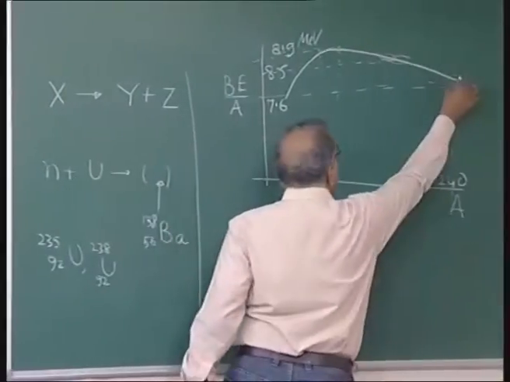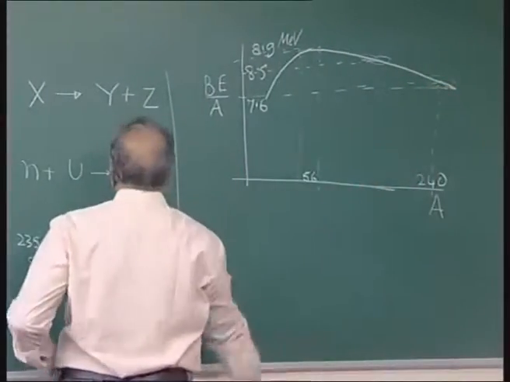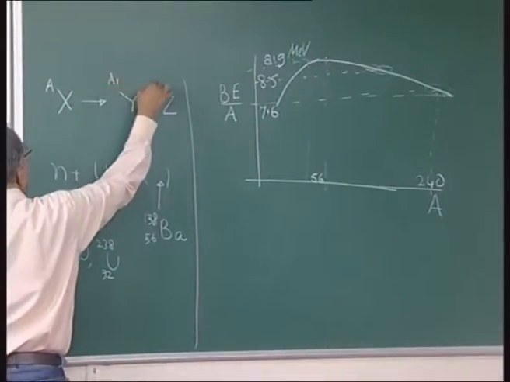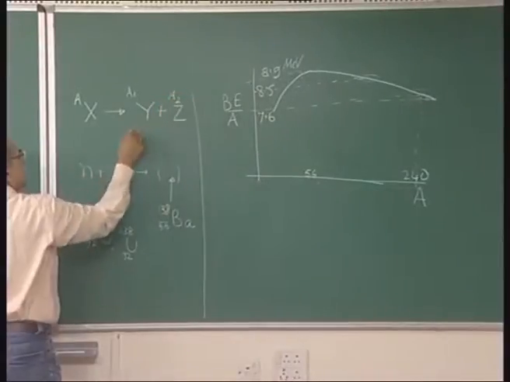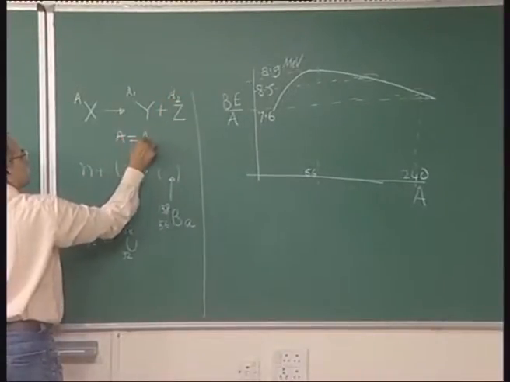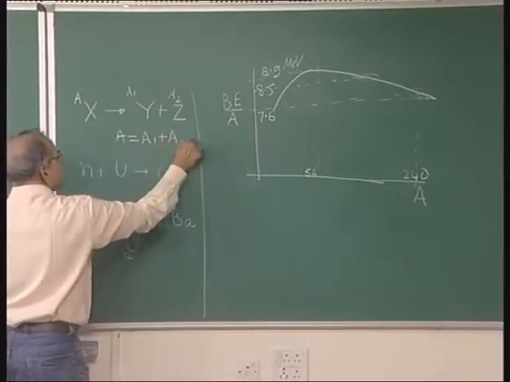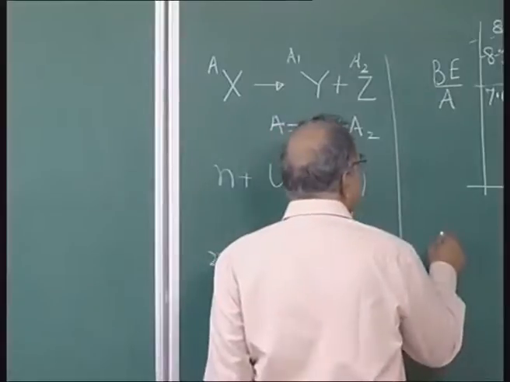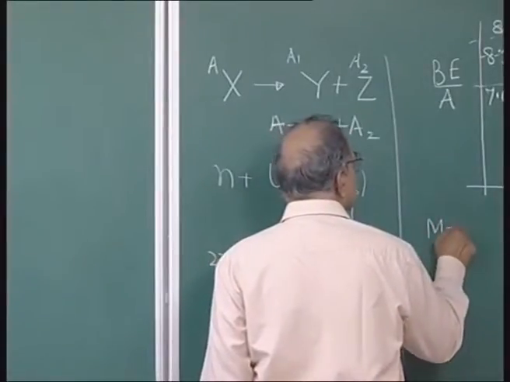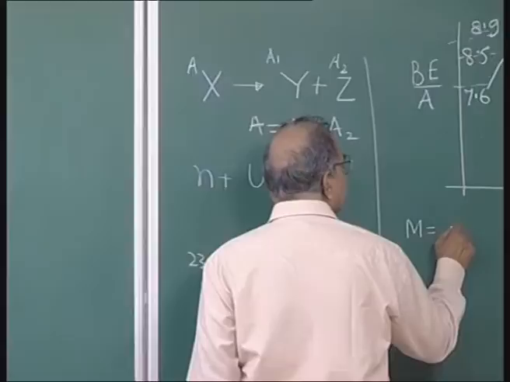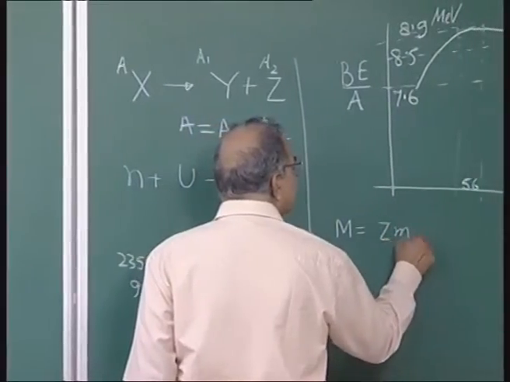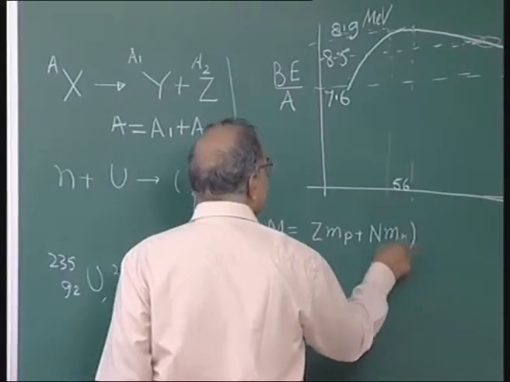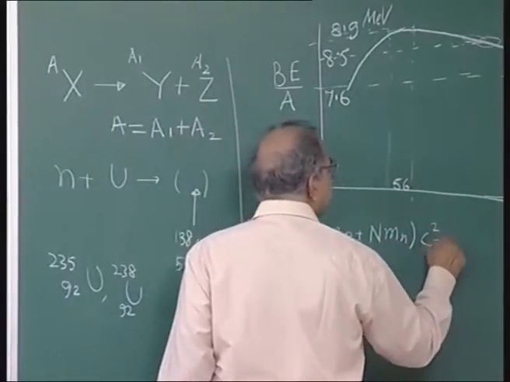If I take the first nucleus here of mass number say A, and this is mass number A1 and this is mass number A2, from this diagram you can write the binding energy, and remember the mass of a nucleus is Z times Mp plus N times Mn, times c square, minus the binding energy.